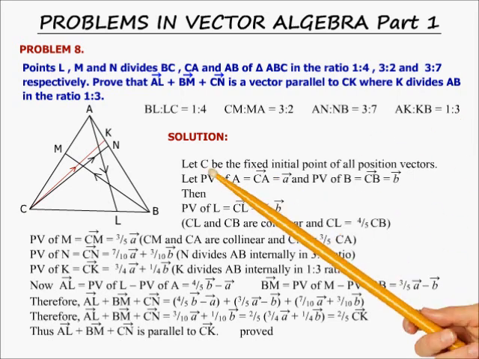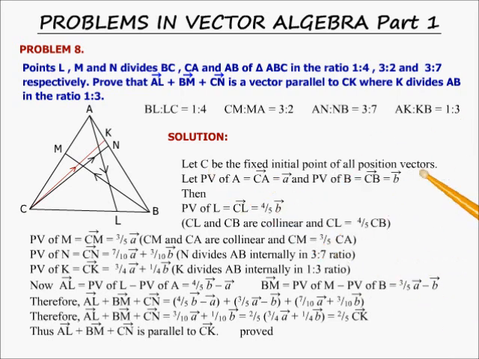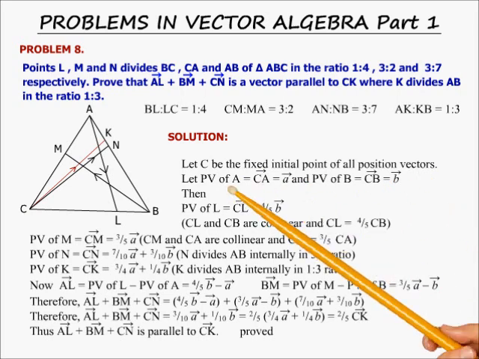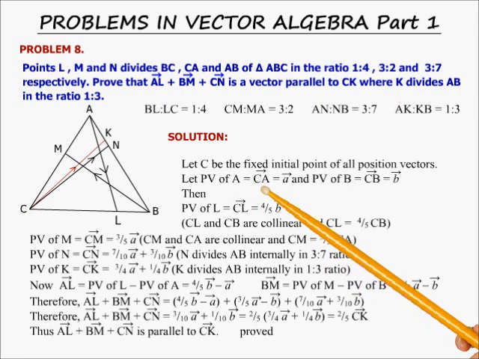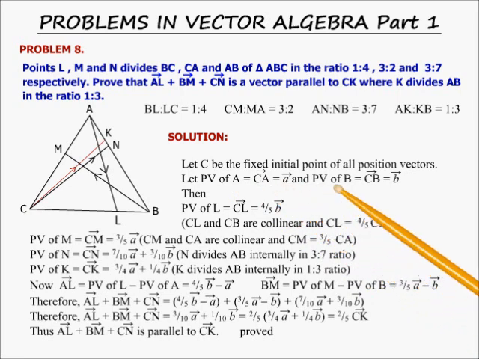Now let C be the fixed point for determining position vectors. Let the position vector of A, that is CA, equal vector A, and the position vector of B, that is vector CB, equal vector B.